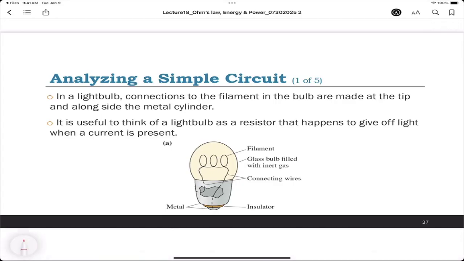You can see here, this is a light bulb, this is a filament, and this is a connecting wire. Which means we can consider this light bulb as just a resistor. Does it make sense to you?